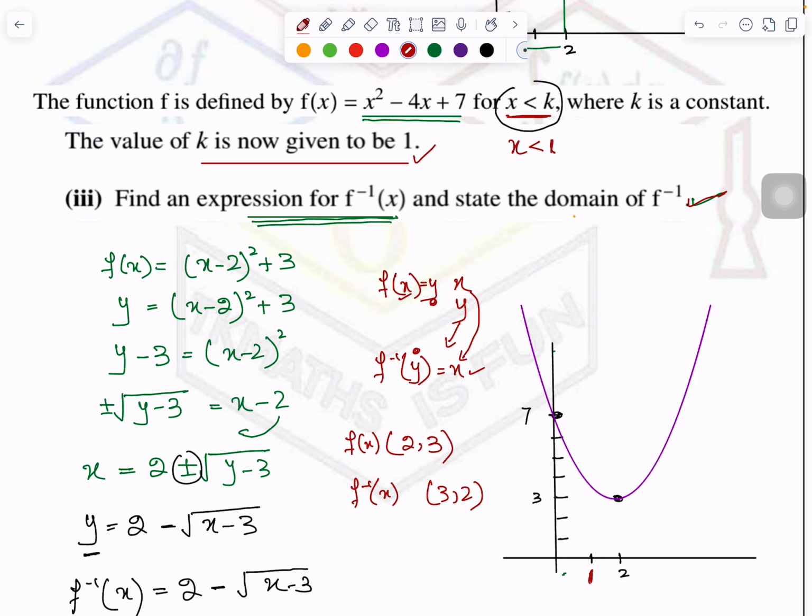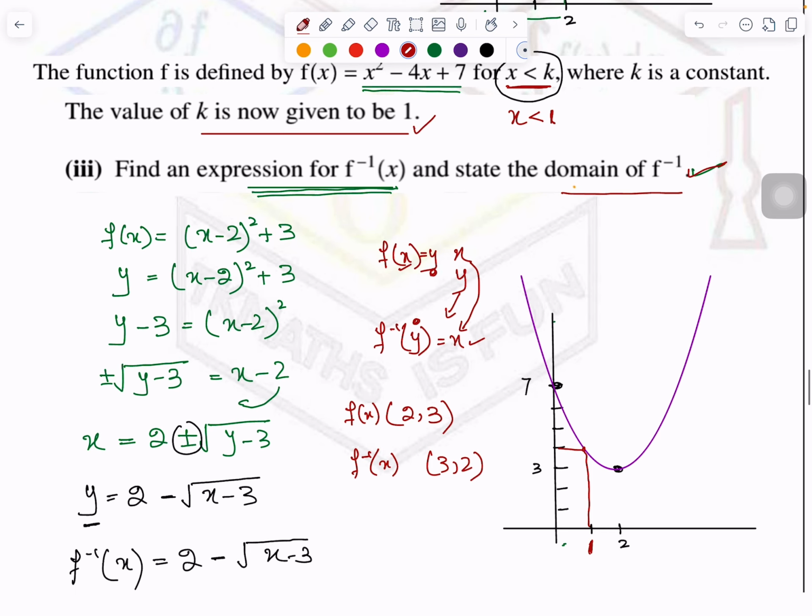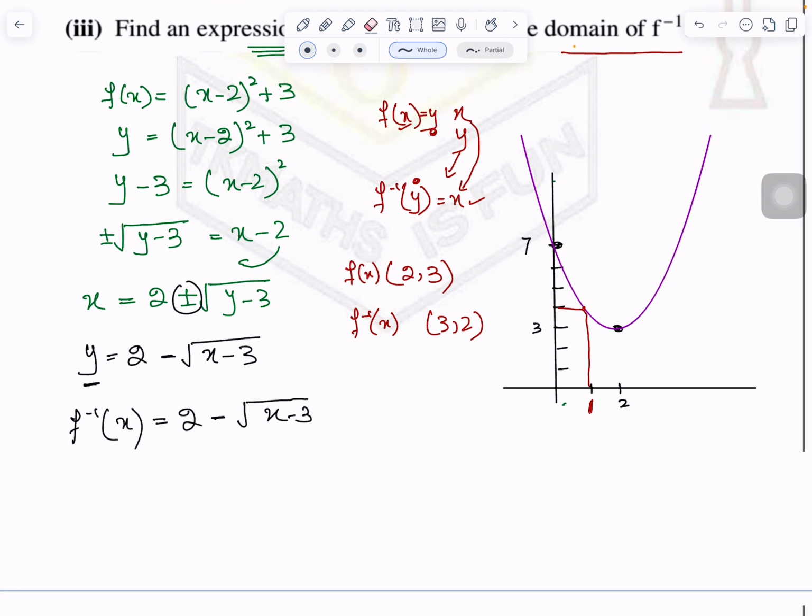Then what is the domain of f inverse? This is the question. So now if I see here, for example, this is roughly what I'm trying to explain to you, but I will put the value of x in the function. So let me substitute here in this function. So if my function is f(1), I'm taking it from here.